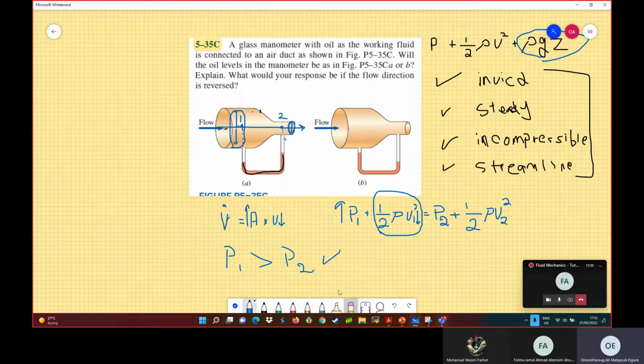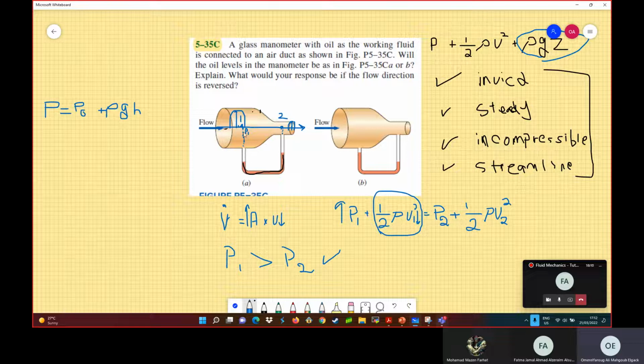Now, if you want to go in the vertical direction, remember we can go in the vertical direction, and the relation that will be applied is the relation that you took in static fluid, that P is equal to P naught plus the density rho g h. This can be applied if you have straight streamlines and you want to go in the direction perpendicular to that. Okay, so if we have here P1, I will go down.